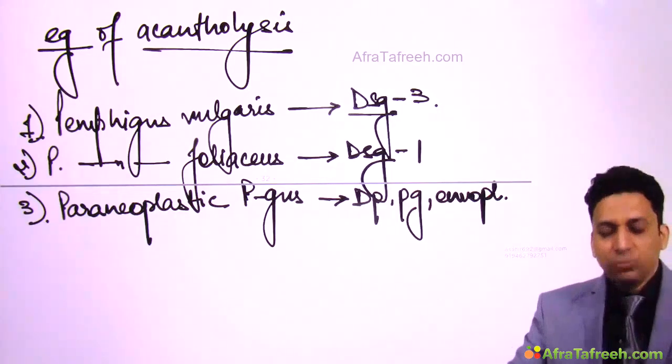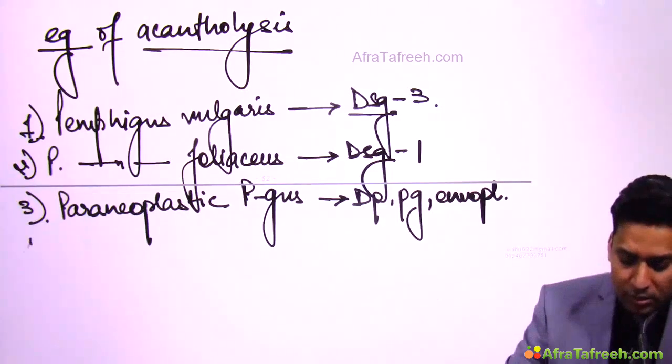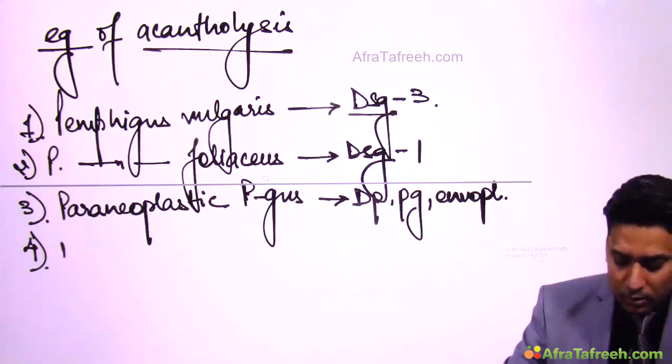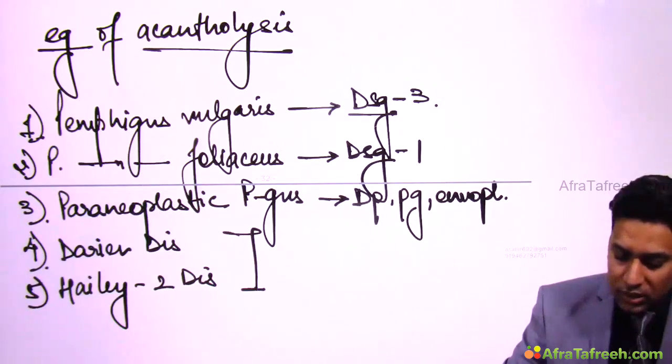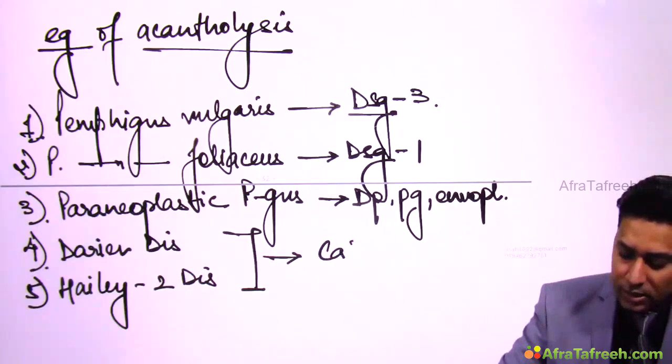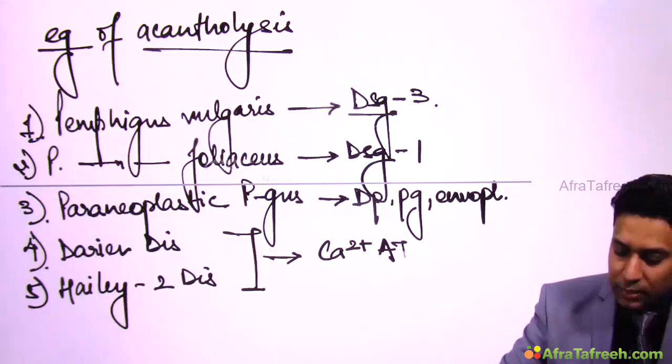So these are various desmosomal proteins which are involved in paraneoplastic pemphigus. Then in Darier disease and Hailey-Hailey disease, in both these conditions the defect is the same, and that defect is present in calcium ATPase.